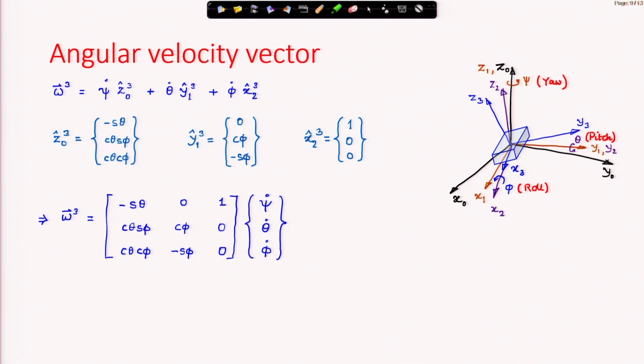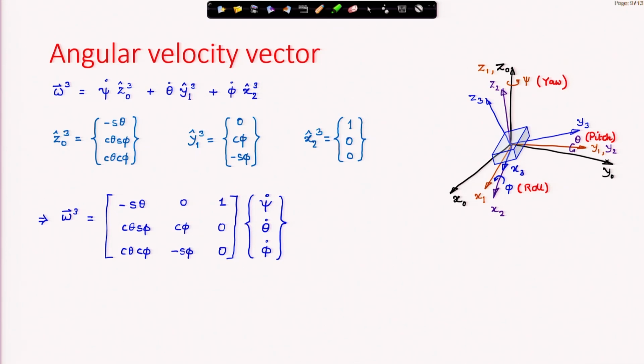This gives us the transformation from the yaw pitch roll rates to the angular velocity vector, and this is a very useful transformation. Using this, we can integrate omega, at least numerically, and find out the evolution of psi, theta and phi.